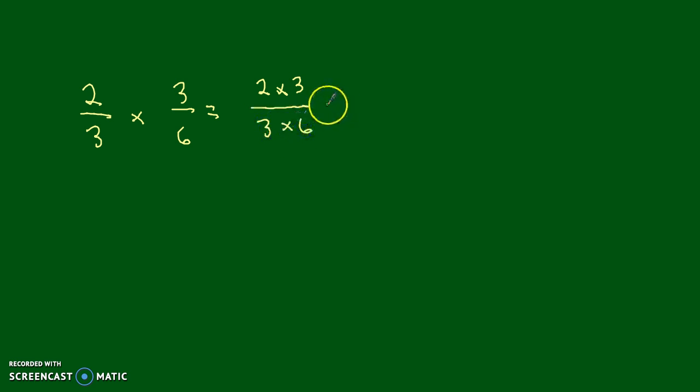Let's do another problem. Let's say 2/3 times 3/6. Again, it's going to be 2 times 3, just multiplying the numerators together, over 3 times 6, multiplying the denominators together, and we would get 6/18. In previous videos, we've talked about simplifying fractions, and sometimes teachers expect that.